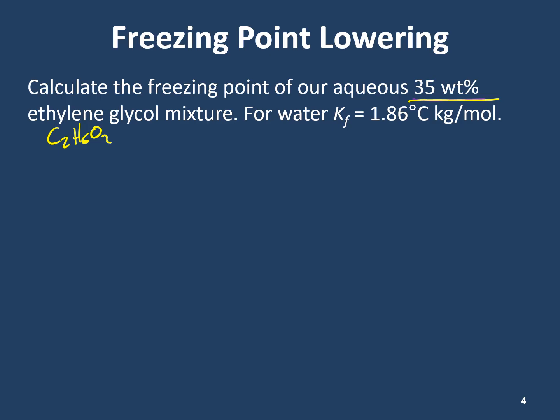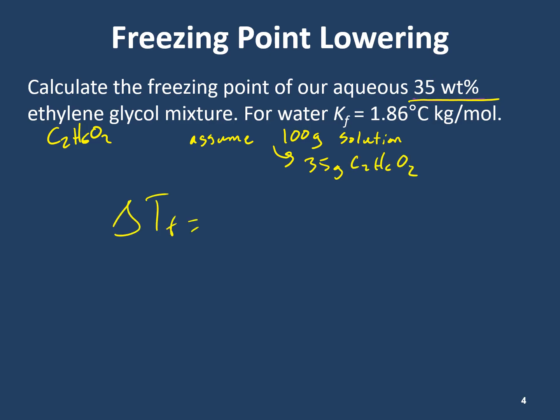So in order to do that, I'm going to assume, again, same as last time, that I have 100 grams of solution. This tells me that I have 35 grams of C2H6O2. Now, according to my equation, delta TF is equal to i times KF times my molality.